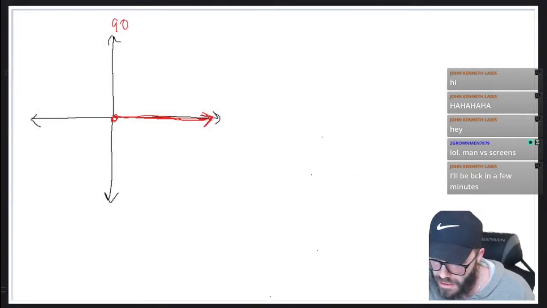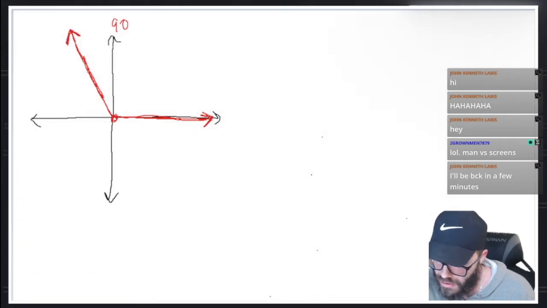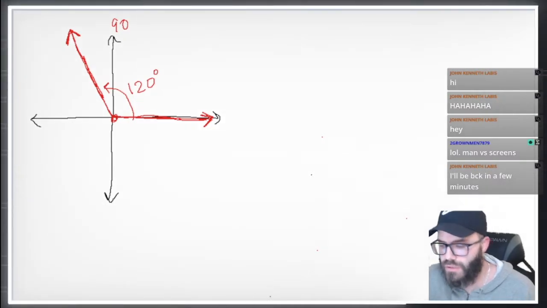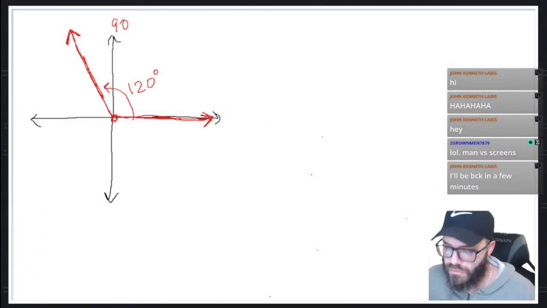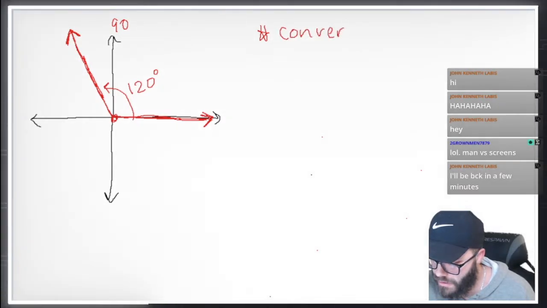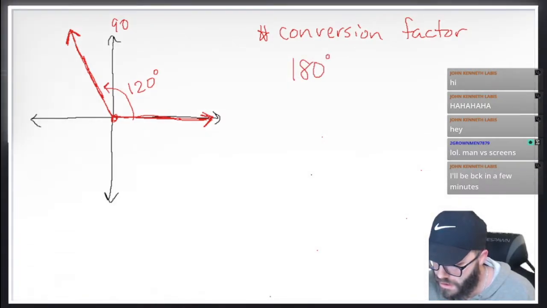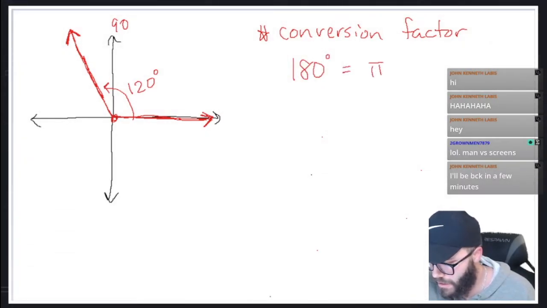If this is 90, 120 is about right here. I can convert that 120 degrees to a radian measurement using that conversion factor. So the important conversion factor is 180 degrees equals pi radians.